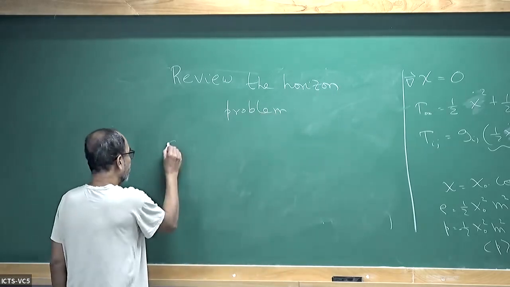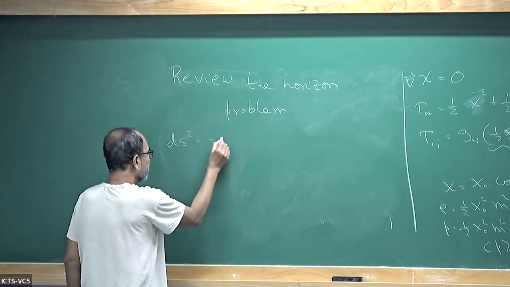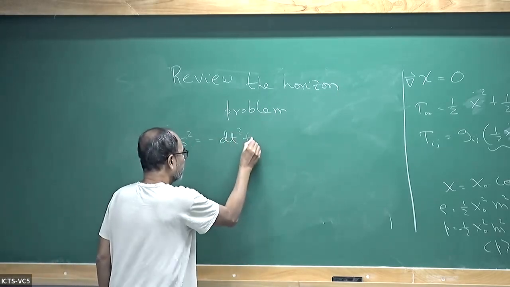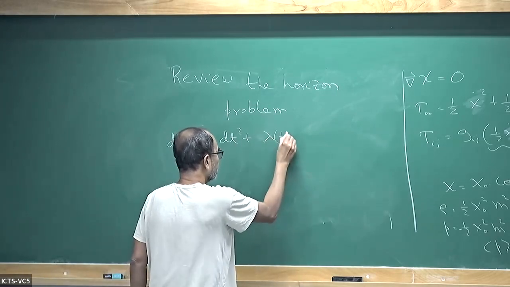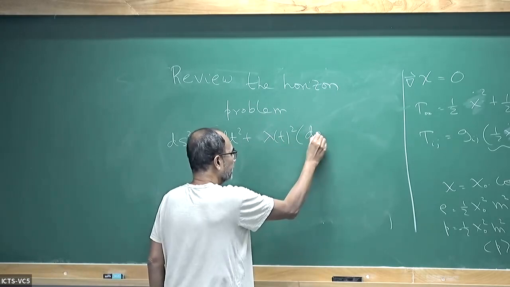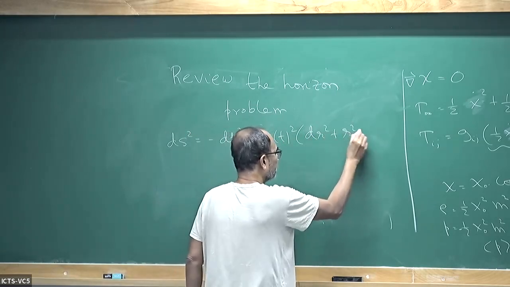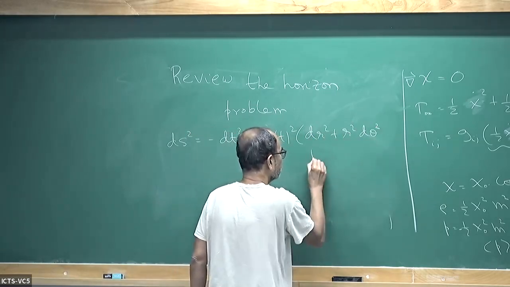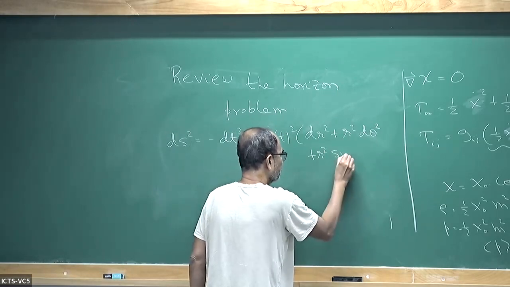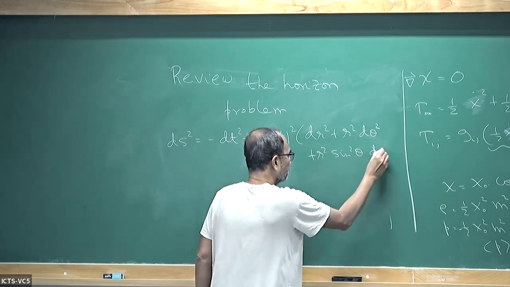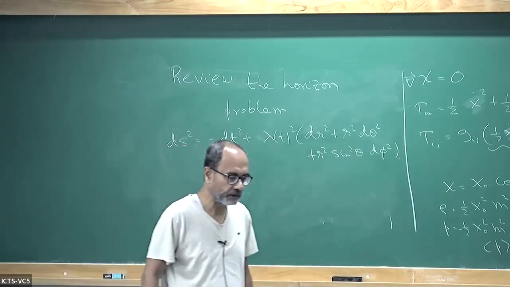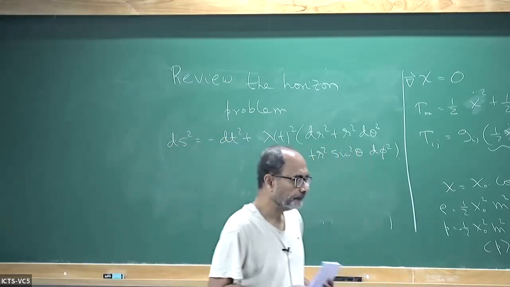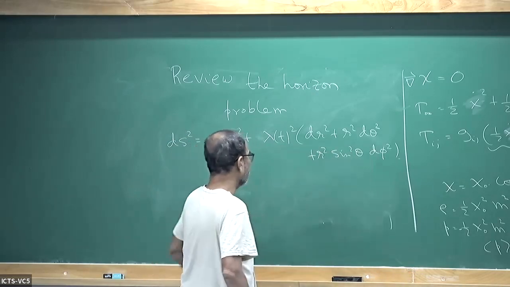The FRW metric was minus dt square plus lambda of t square dr square. I'm assuming a flat universe, but this can also be easily generalized to a non-flat universe where you put that k factor in.